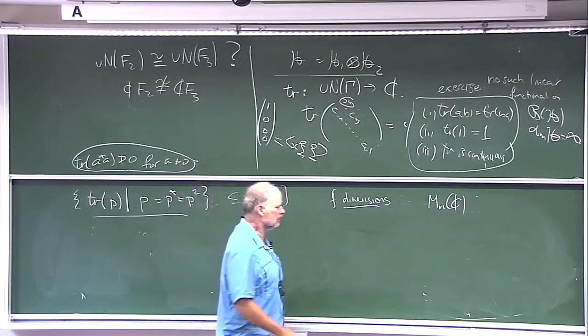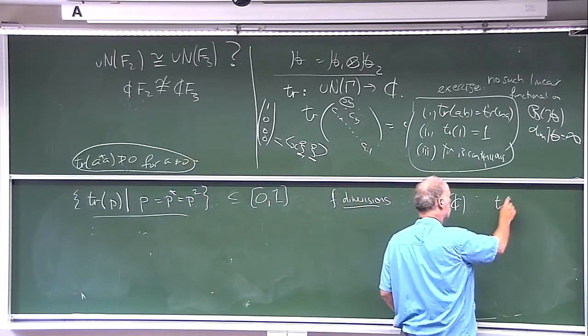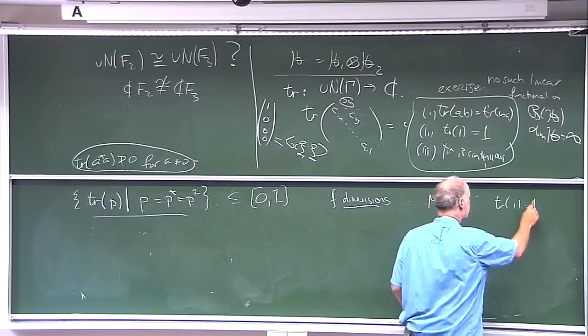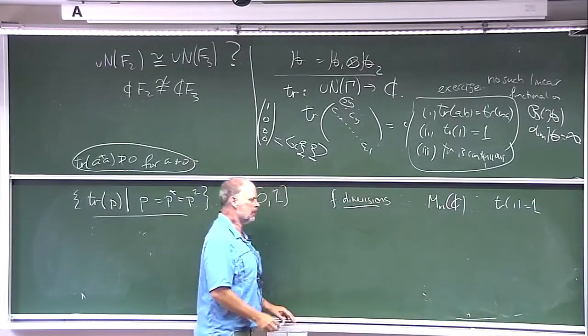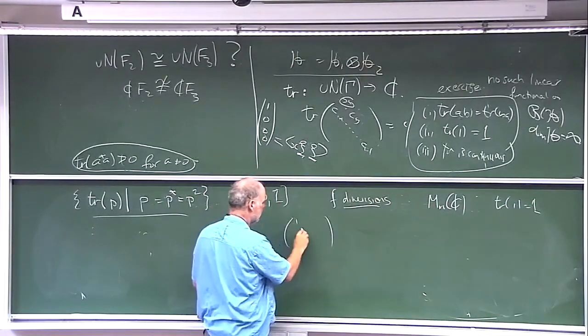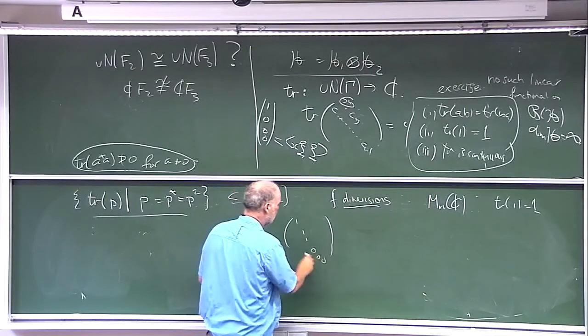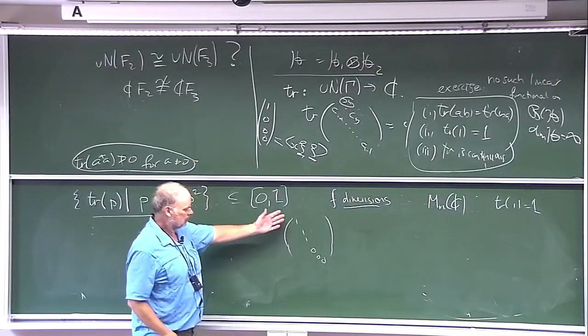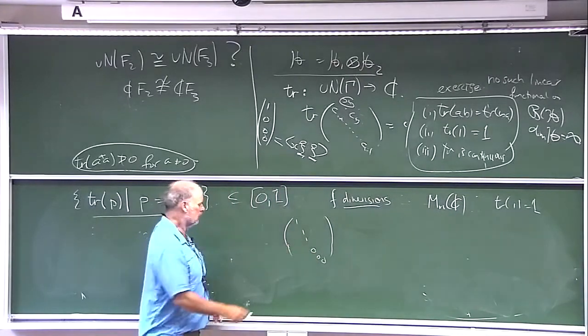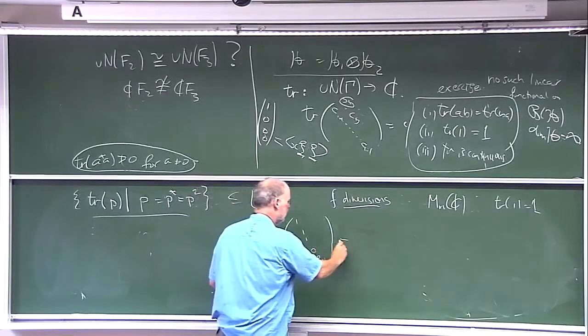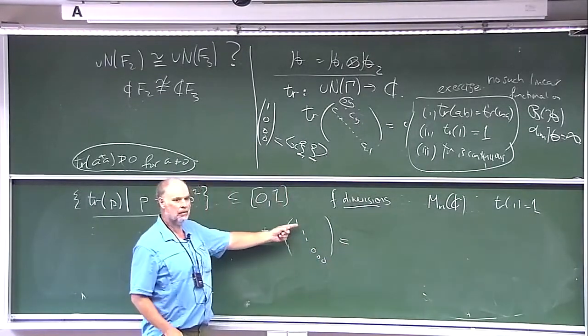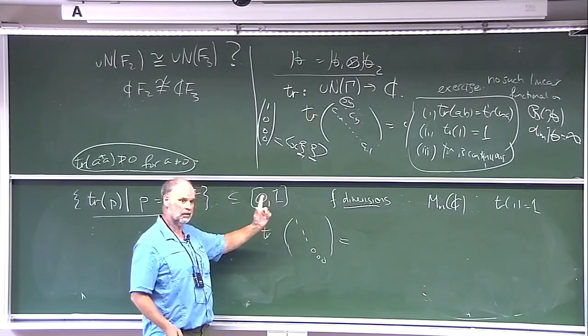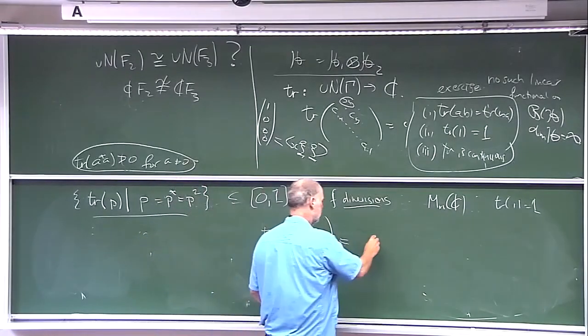We just normalize it so that the trace of the identity is 1. But then what's the trace of a projection? A projection in finite dimensions, as we saw last time, is just some 1s down the diagonal and some 0s, and the trace of that is the number of 1s divided by n.